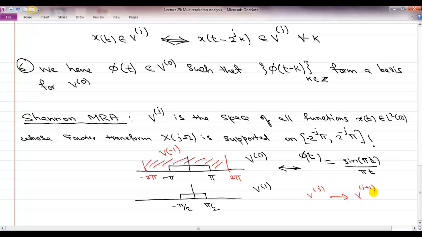And we'll see that in general, multi-resolution analysis indeed does exactly that. In this example, V0 was minus pi to pi, and V1 is minus pi by 2 to pi by 2. A signal within V0 has lost the details, or high frequencies, when it goes to V1. Okay? Because we have thrown away all the high frequencies.